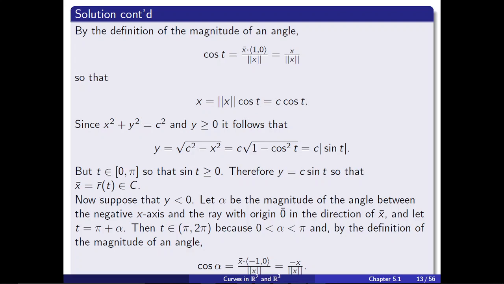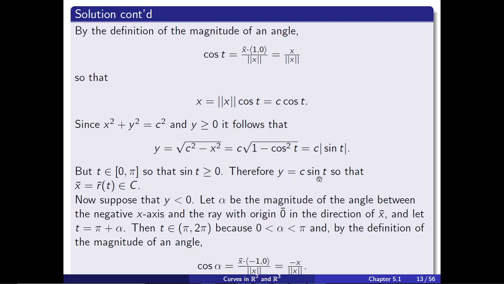So if x is equal to c cos t, then we can also find y by making y the subject of the formula, and we find out that y is just c, the absolute value of sine t.